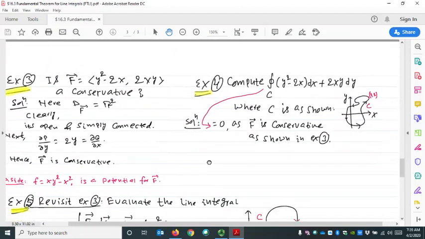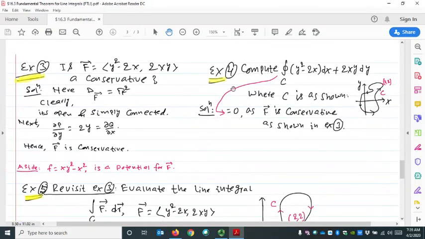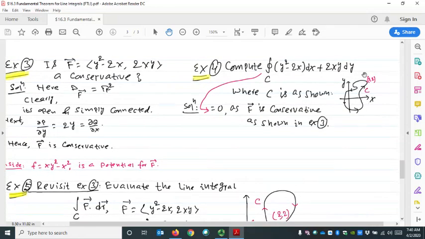Example 4. Compute the line integral over the closed curve C of (y squared minus 2x) dx plus 2xy dy, where C is as shown. This is the curve.